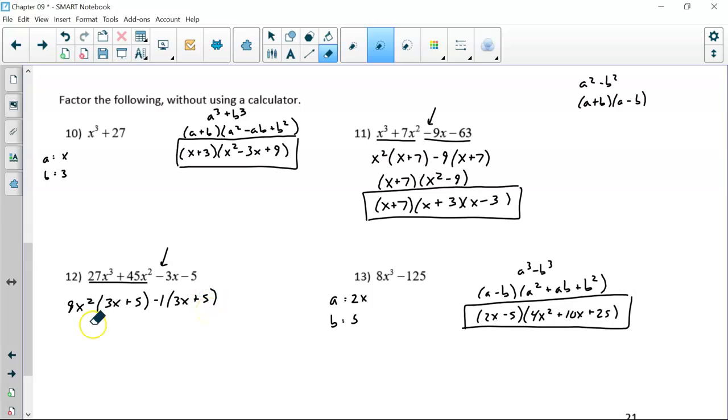So our common factor is 3x plus 5, and then we're left with 9x squared minus 1. 9x squared minus 1, perfect square minus a perfect square, is one of our special cases. The square root of 9x squared is 3x. The square root of 1 is 1. And then we just put our plus and a minus to finish up.